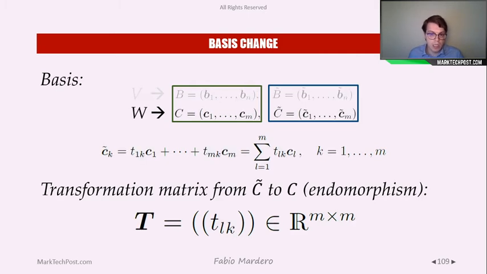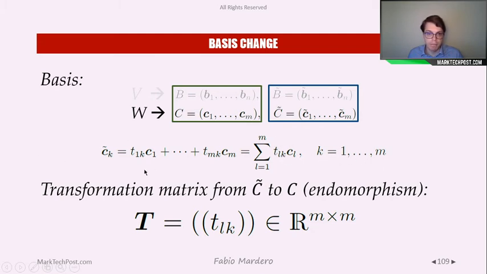We can do the same with W. We have the two bases, and we express the tilde one with the other, the basis C. We get these coefficients.